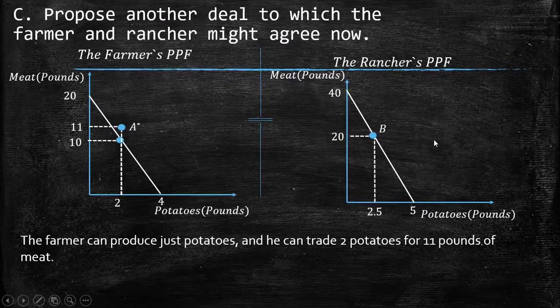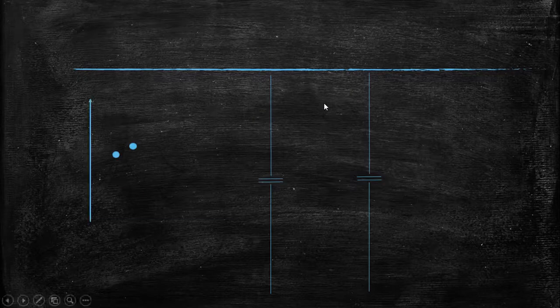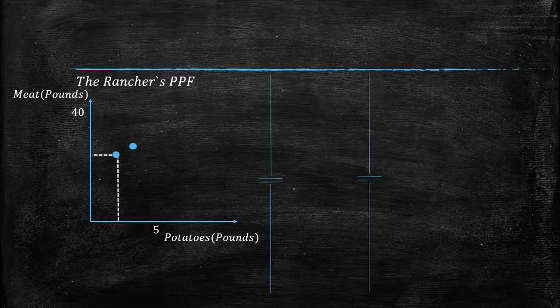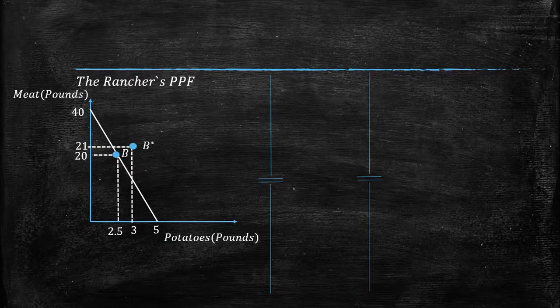What about the rancher? We have to figure out the quantities for the rancher. So what we have for the rancher is the next case. Here the rancher, this is again the point, and what I propose is this part.